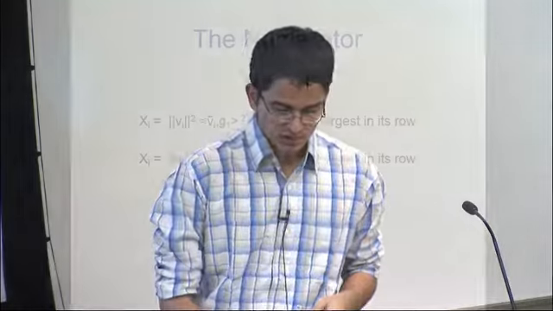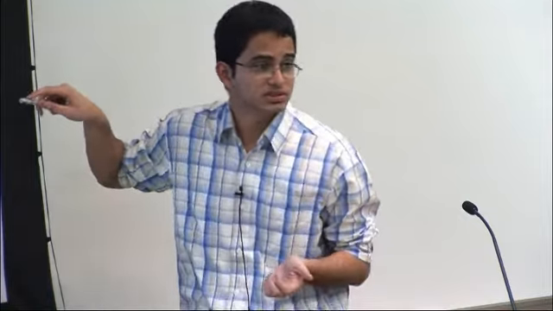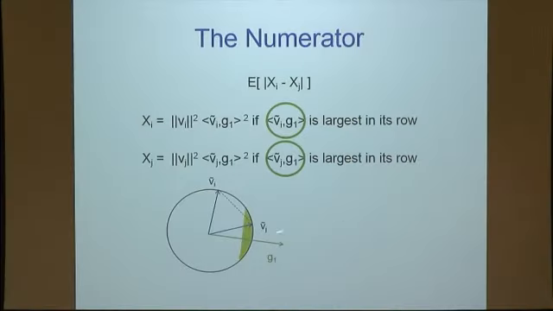Okay? So to calculate the probability that xj is greater than 0 and xi is non-zero, that should depend on the distance between these two vectors, right? If these two vectors are very close to each other, then these two random variables would behave the same. If these two vectors are orthogonal, then they just behave independently, right?